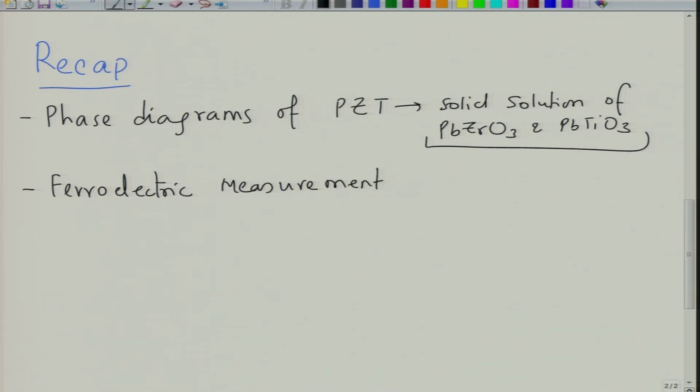How do we make ferroelectric measurements? We saw that the ferroelectric measurements are made using something called a Sawyer-Tower circuit, and the important thing is to make these measurements in such a manner so that you do not consider artifacts as a real ferroelectric.